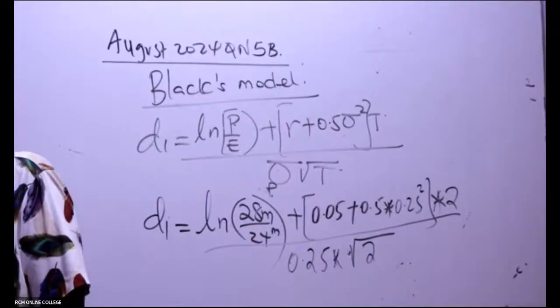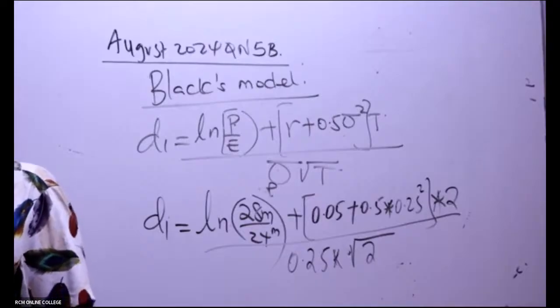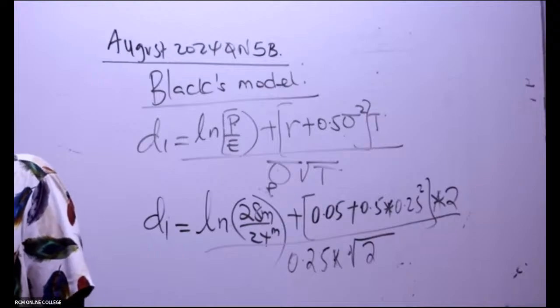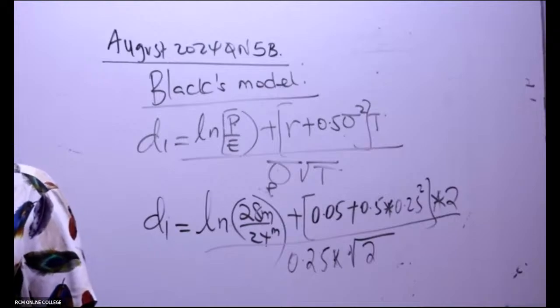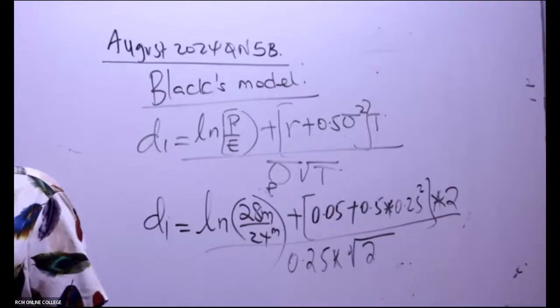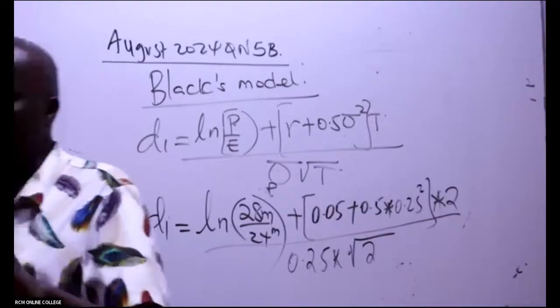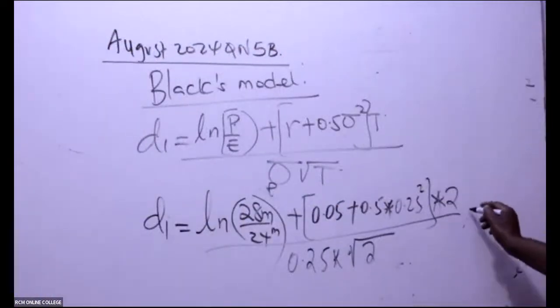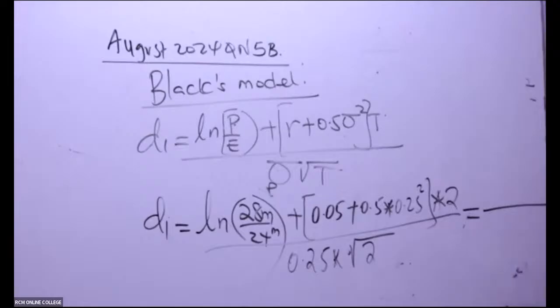You relax a little bit. It's not a jail area. I'm not time pressured in AFM. Plus, open brackets, 0.05 plus 0.5 times 0.25 squared, close brackets, times 2. Is there somebody who is able to give me one answer for the numerator?